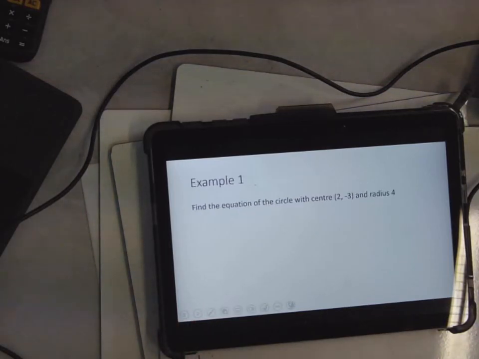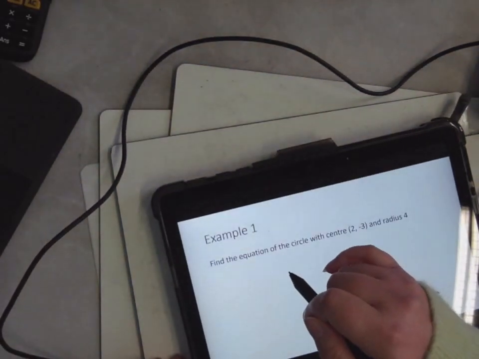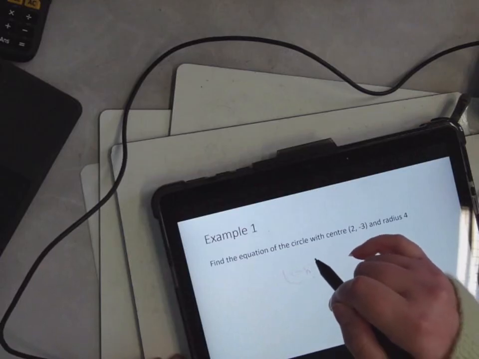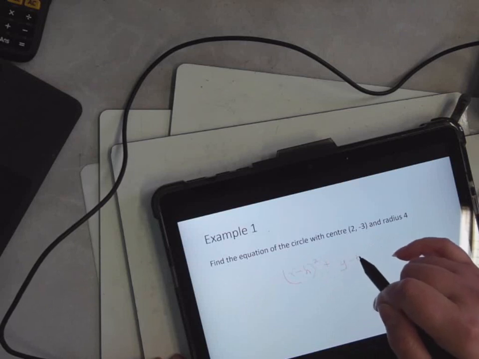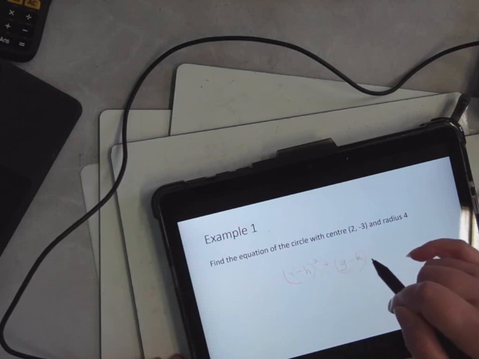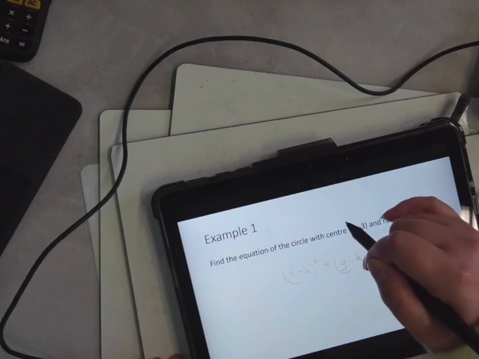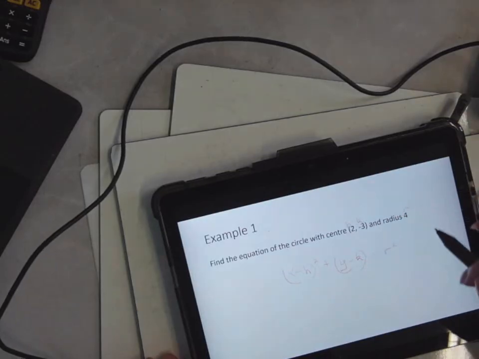Find the equation of the circle with centre (minus 2, minus 3) and radius 4. So it's x minus h, all squared, plus y minus k, all squared, equals r squared. We call the centre h and k and the radius is 4.